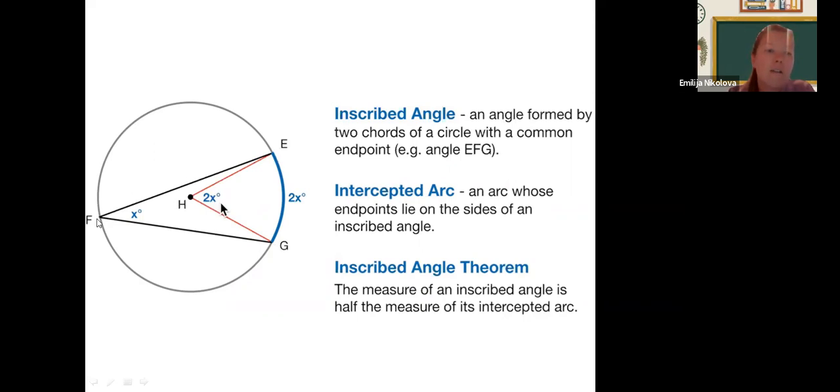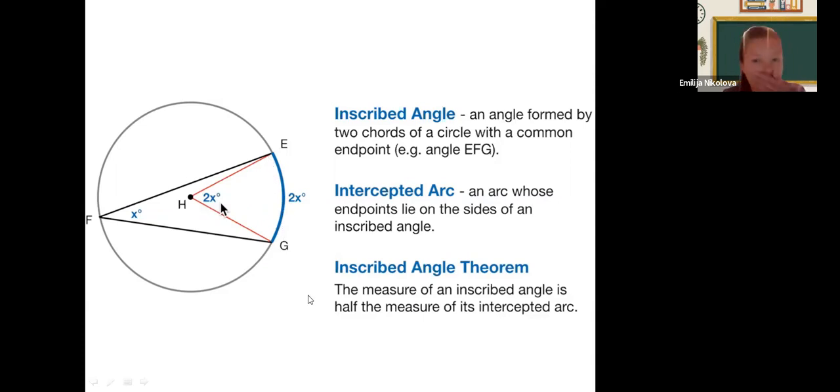The chords have the same endpoint, that is F. Then the angle EFG is called an inscribed angle. The inscribed arc is the arc that this angle is forming here.